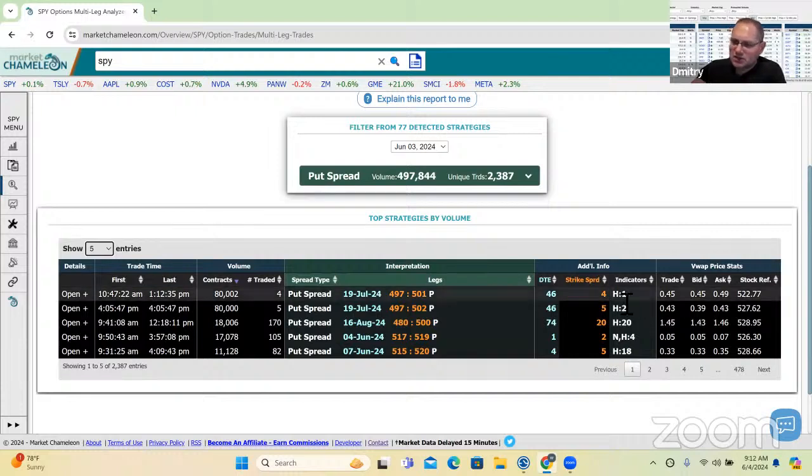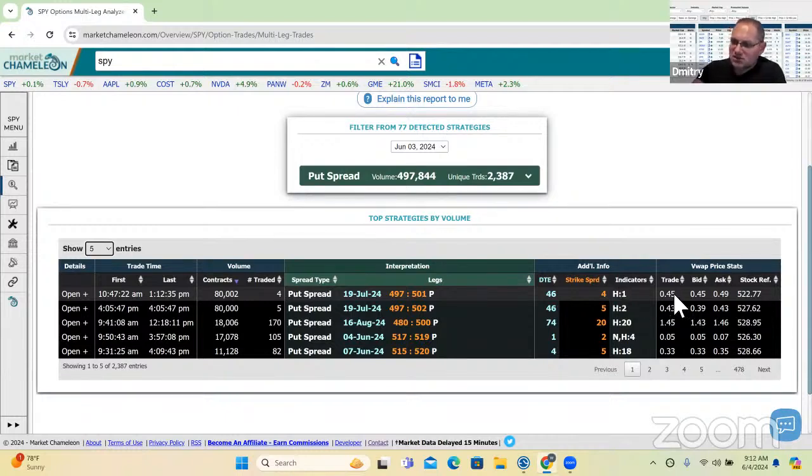This indicator here, the H1, is saying that going back in time, we've seen this put spread historically trade at least one other day before yesterday. And we could go back and look at that one as well.